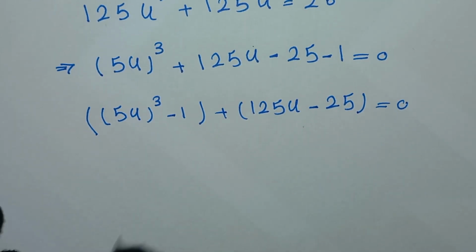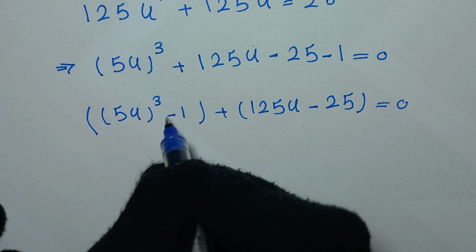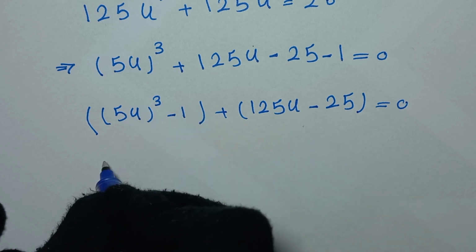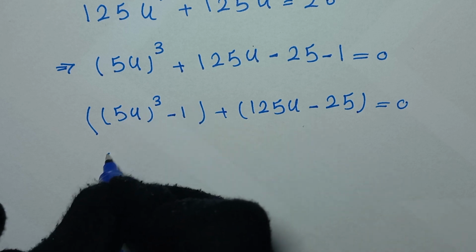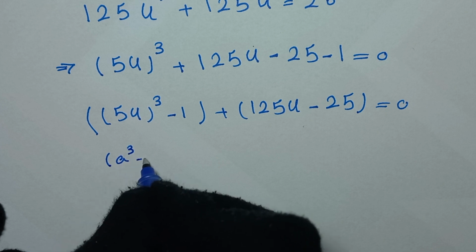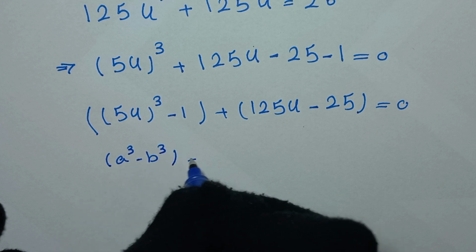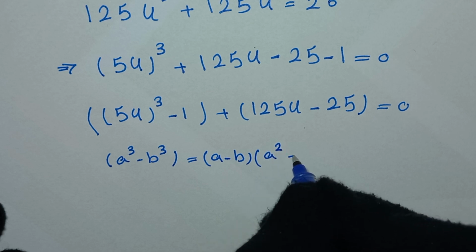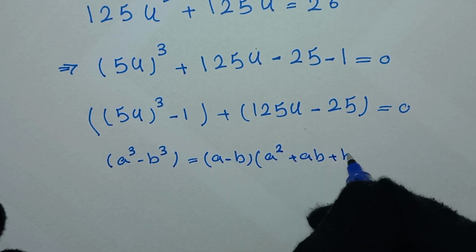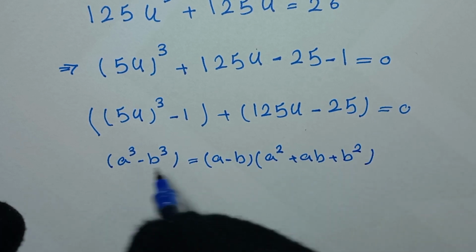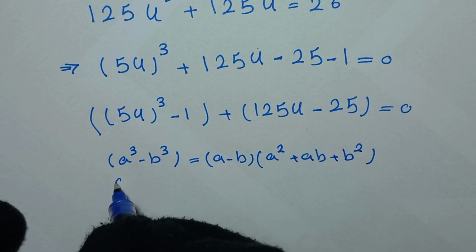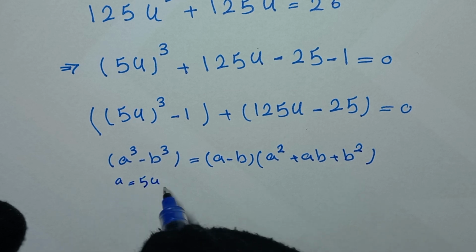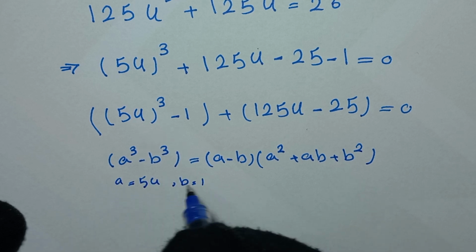And in the next step, this is in the form of a cube minus b cube, right? a cube minus b cube is equal to a minus b times a square plus ab plus b square, where a is 5u and b is 1, right?